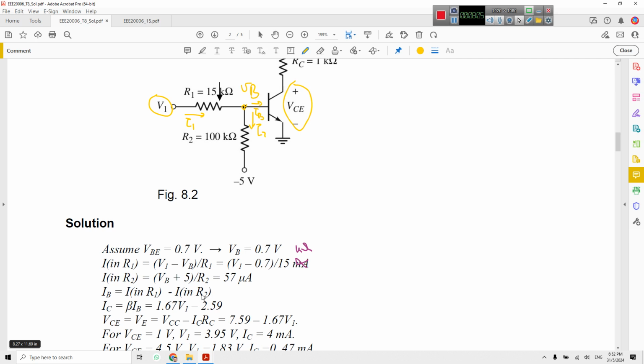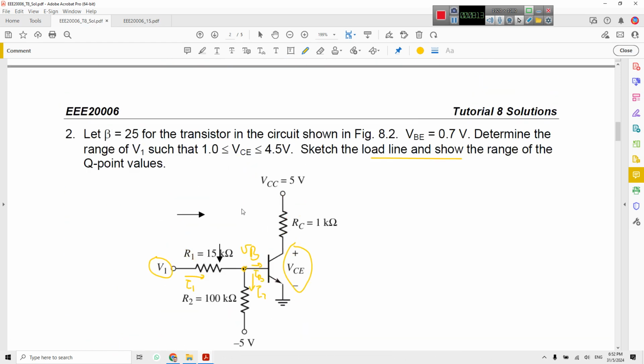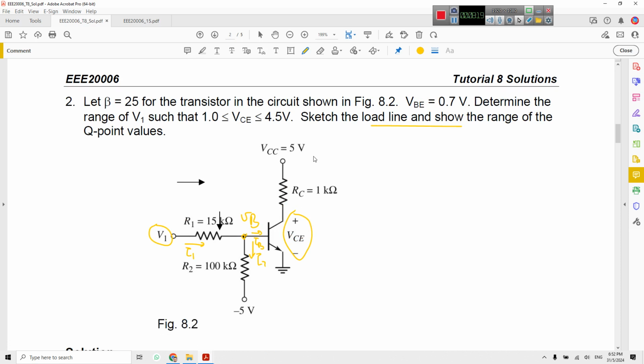Then as we know the beta, we can calculate IC and IE. Then for drawing or sketching the Q points, as I mentioned, we need to have an equation from VCC to ground, from here to here.